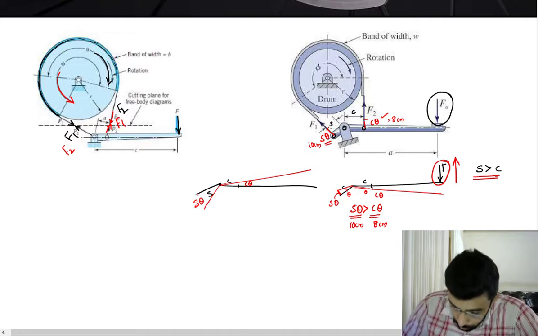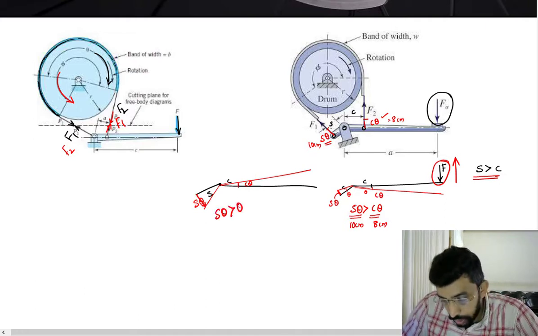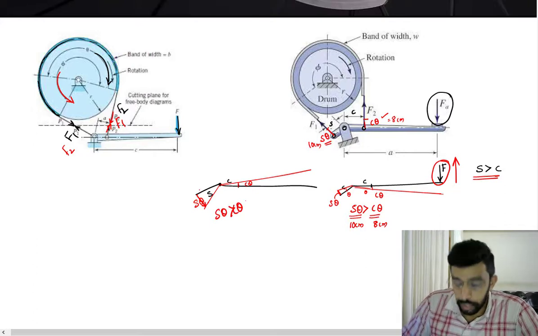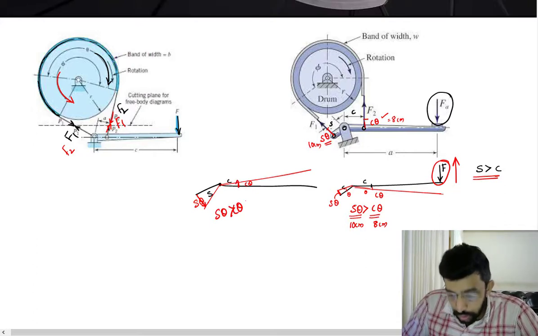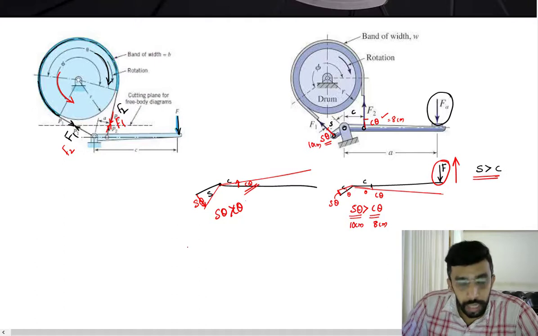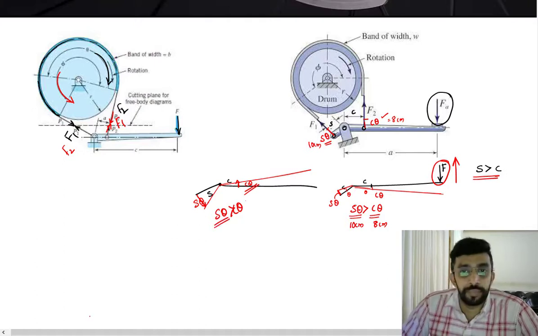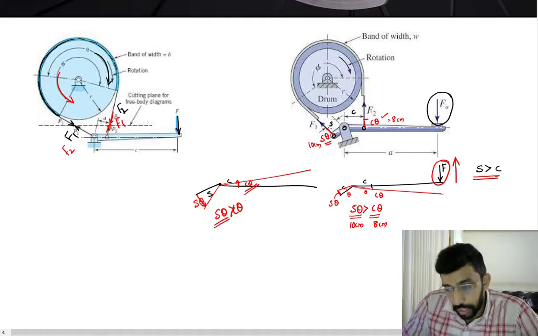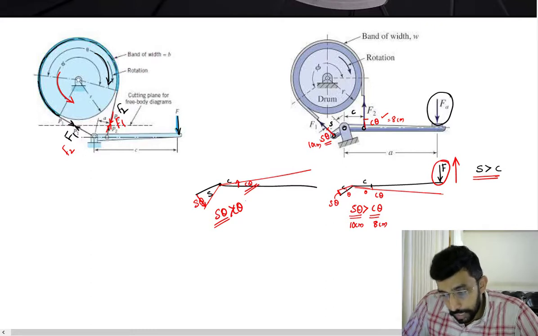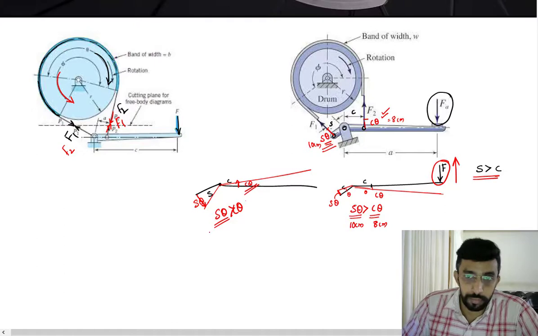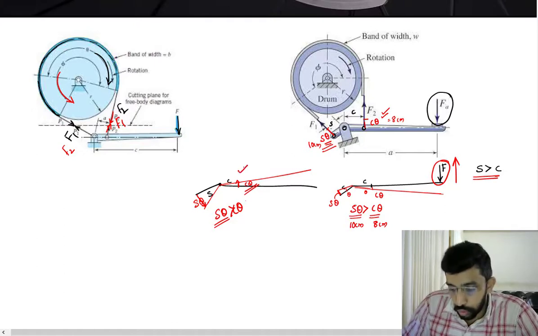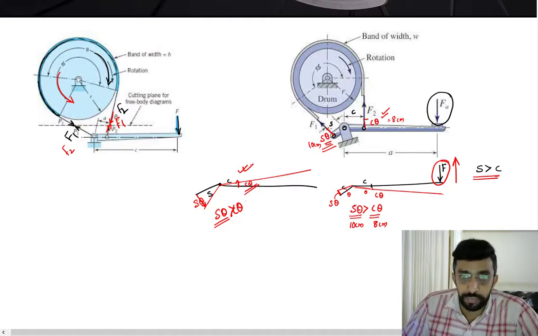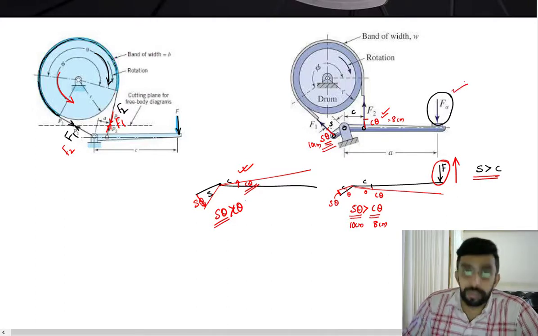Here the loosened length is C theta and the tightened length is S theta. So more tightening is happening compared to the loosening, so this definitely is going to give you a braking effect. This is how you should put the direction of force.